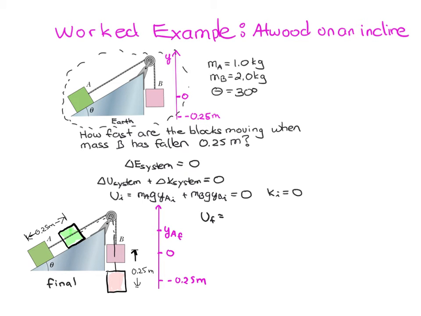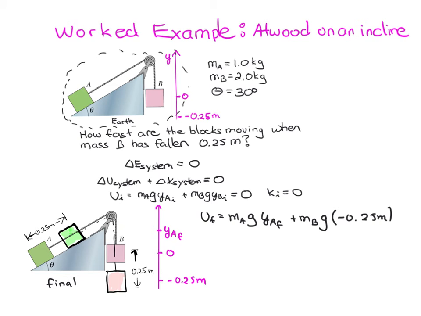One is from mass A, and that contribution is going to be whatever mass A is, times g, times the y coordinate of mass A in the final state. That's this value here, which we don't yet know. We have to apply a little bit of trigonometry to get that, but we'll do that in a moment. And then we have, of course, the contribution from mass B, which is whatever mass B is, times g, times the y coordinate of mass B in the final state. And we know right off the bat that that is minus 0.25 meters, right? That's where mass B is in the final state.